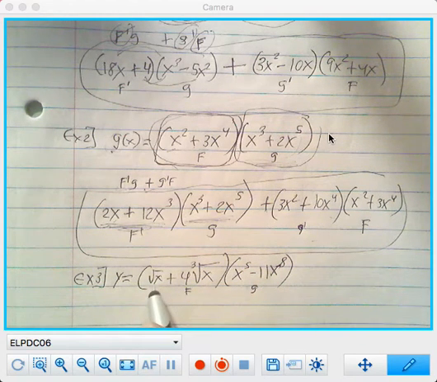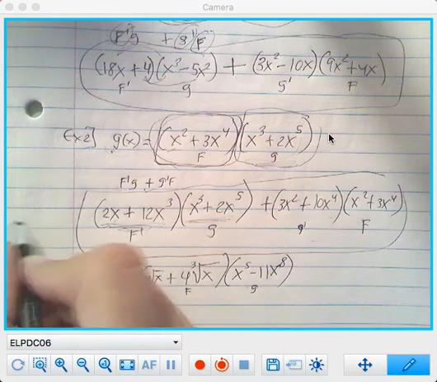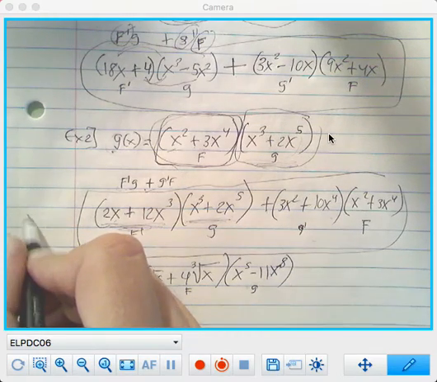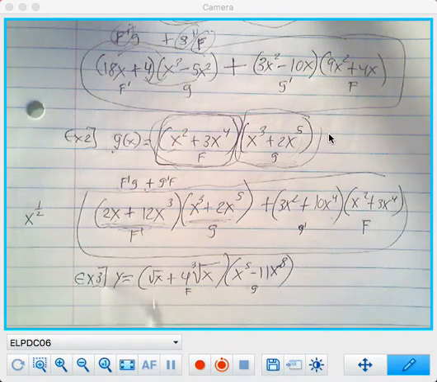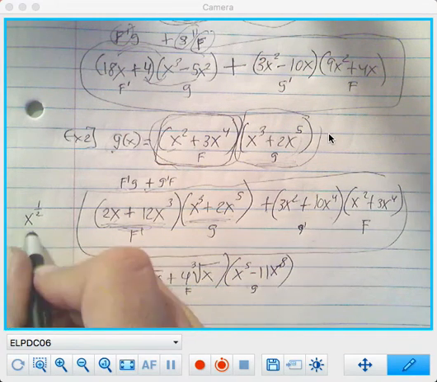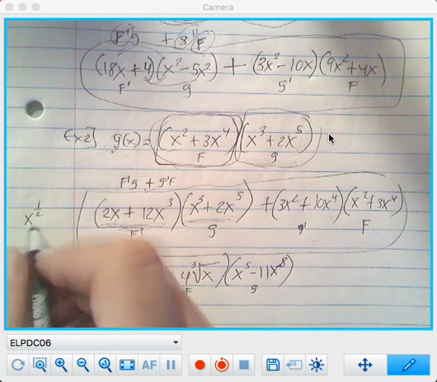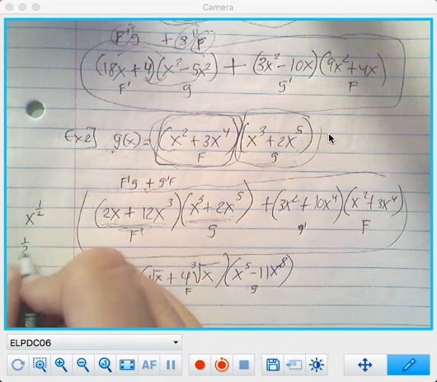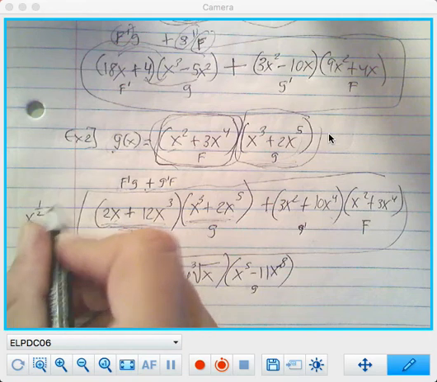So just so you know, to take the derivative of square root of x, it's easier to change it to x to the 1/2. Okay, so instead of having this, we have this. So when we take the derivative of x to the 1/2, you bring down the 1/2, you copy the letter, you subtract 1.